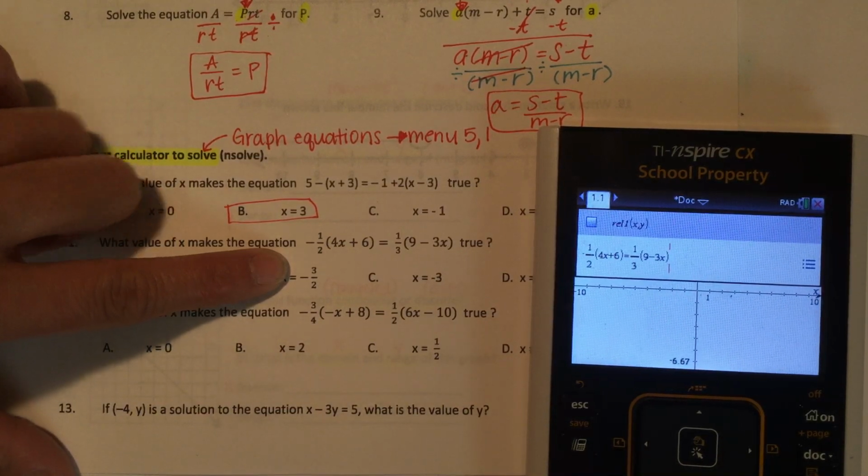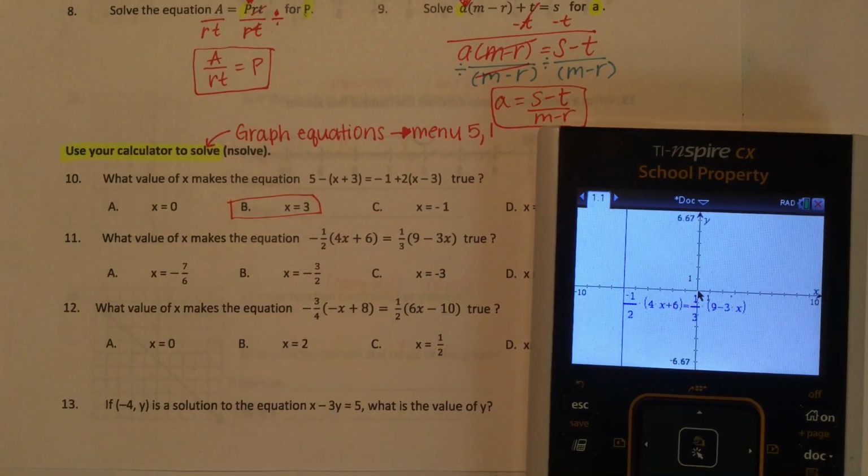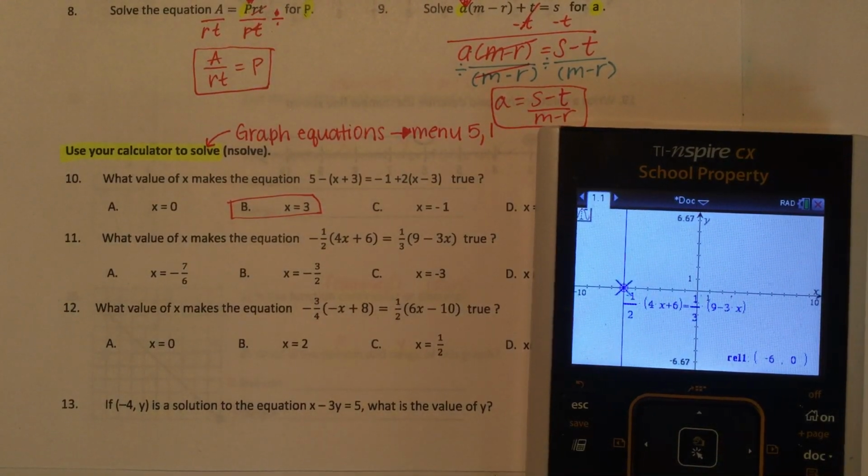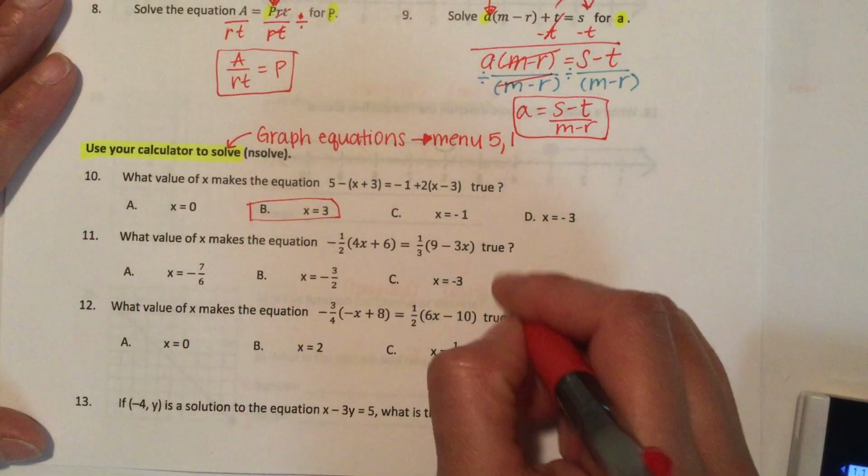Close your parentheses. Press enter. It's a vertical line. Find your answer by pressing menu 5-1. Takes you directly to your point. So x is equal to negative 6. D.